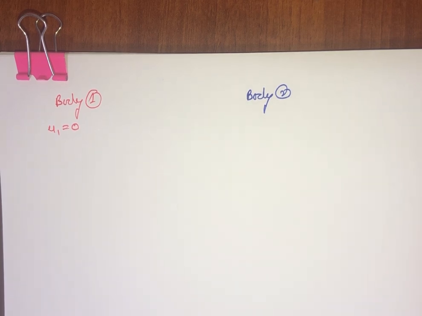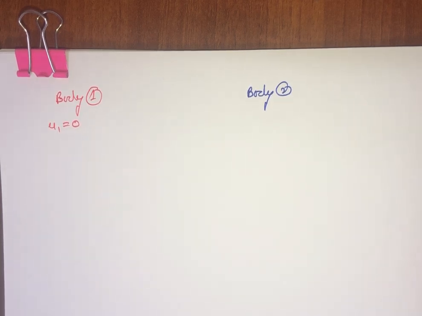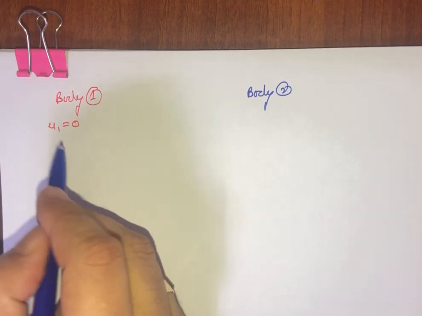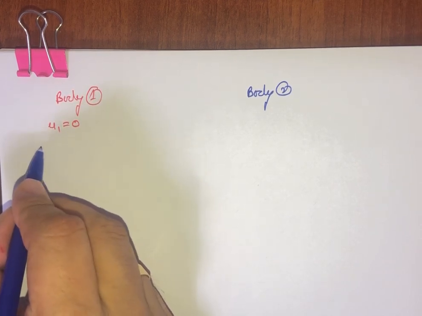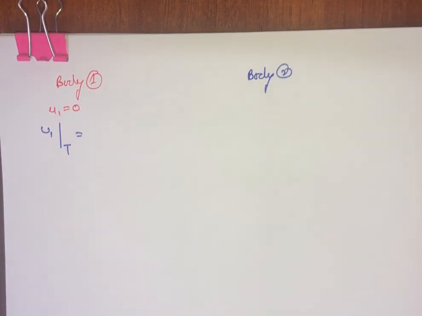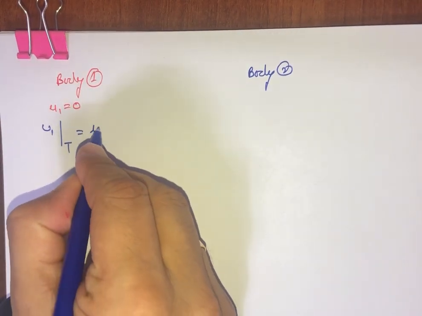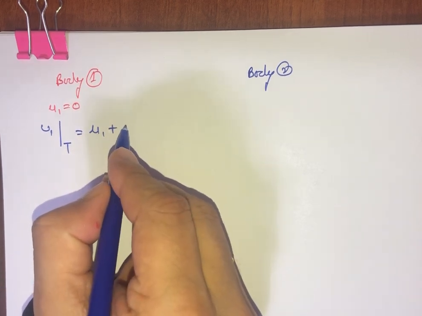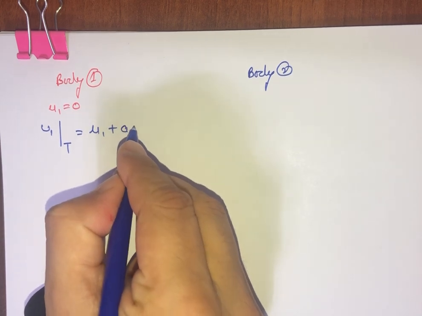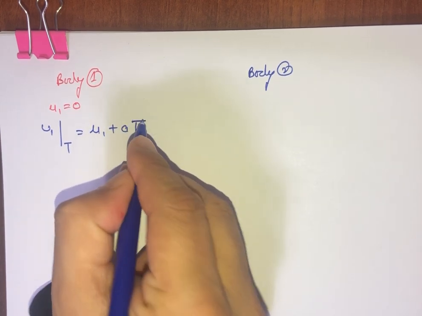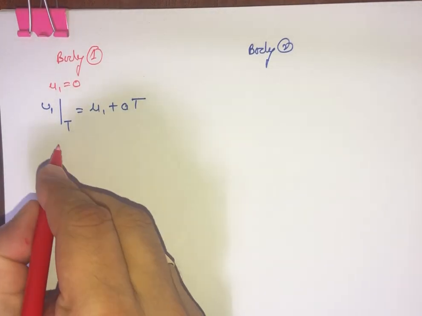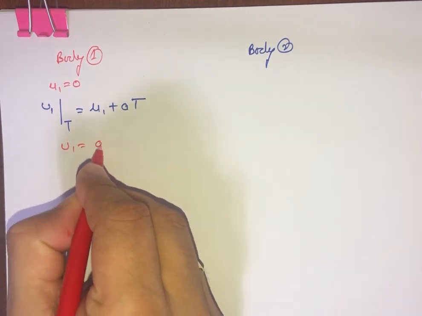It states that after T seconds, the final velocity v1 will be equal to u1 plus acceleration a multiplied by capital T, and u1 is 0, so v1 will be equal to a multiplied by T.